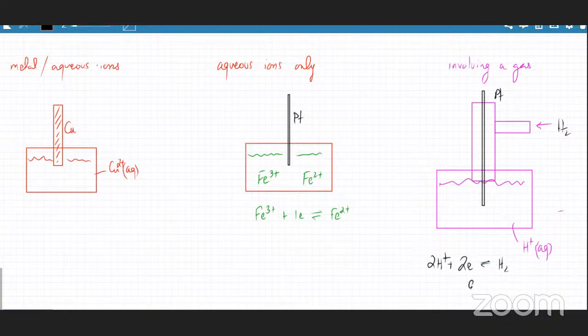And this is your reference electrode, so the E naught is always 0.0000 volts.